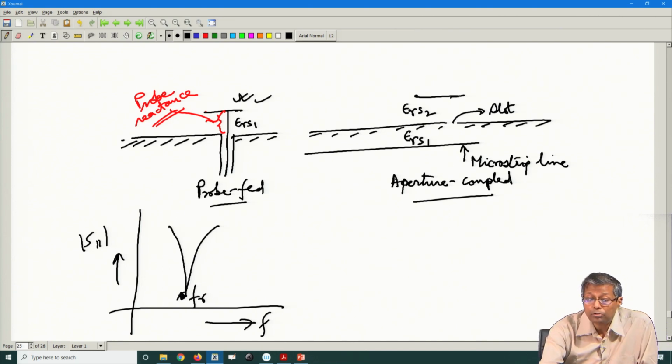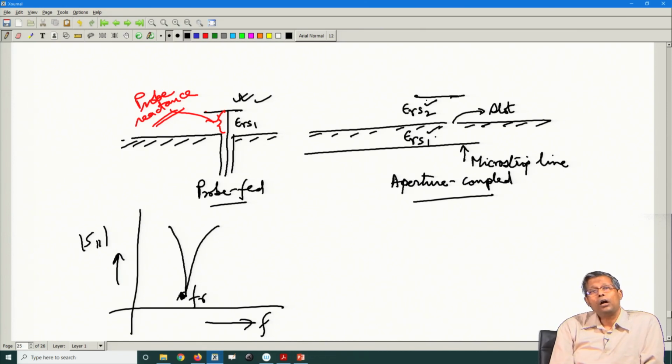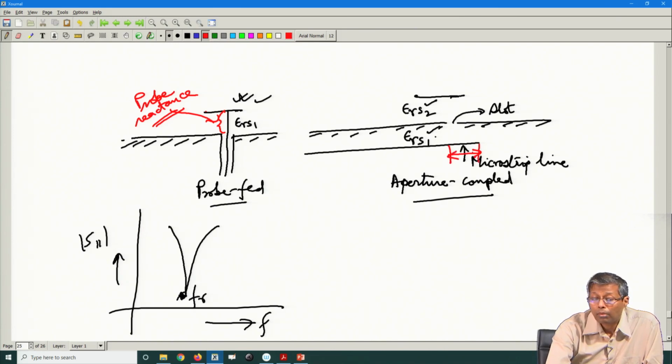However, for this design you see that one of the drawbacks of this design is that it is using two substrates, and substrates are a costly business at microwave frequencies. But how does this accomplish the match? You see this length of stub, this is called stub.